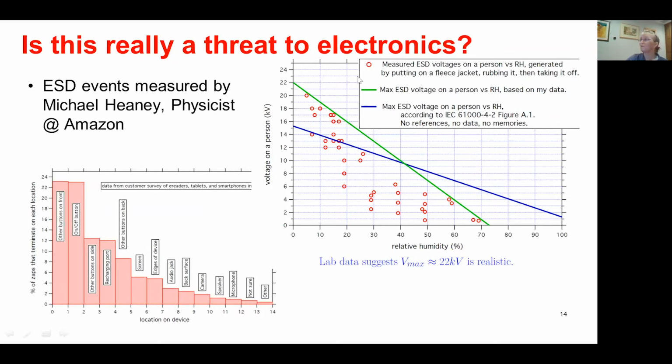So what he did was he took an ESD meter to measure the voltages on a person, and that person was generating the voltages by putting on his fleece jacket and just rubbing the fleece jacket and then taking off the fleece jacket. So the person was being charged by this interaction with the fleece jacket, let's say. And it really depended on the relative humidity.